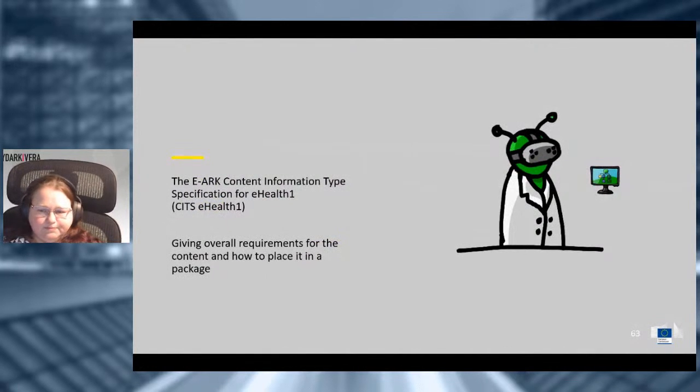Then we have a more specialized content information type specification for eHealth 1. And eHealth 1 is concerned with patient journals for patients who have, sadly enough, deceased.